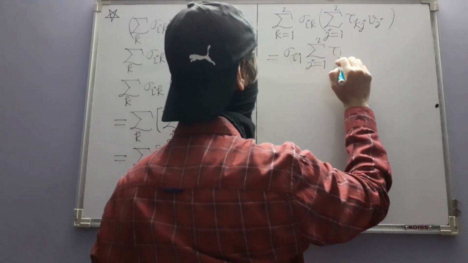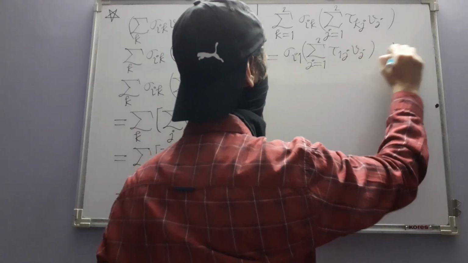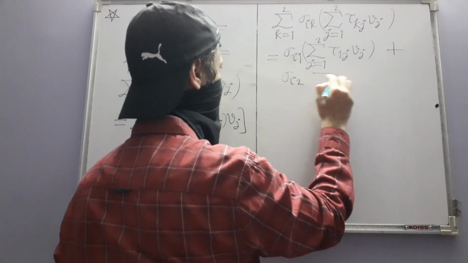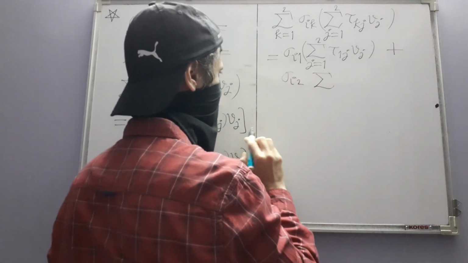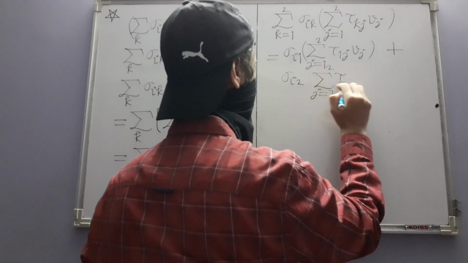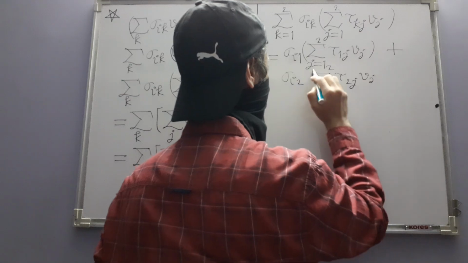Remember k is 1 now, so tau 1j vj, plus, and then we have another term where k is 2. So sigma i2, summation j varying from 1 to 2. This time we have tau 2j vj.